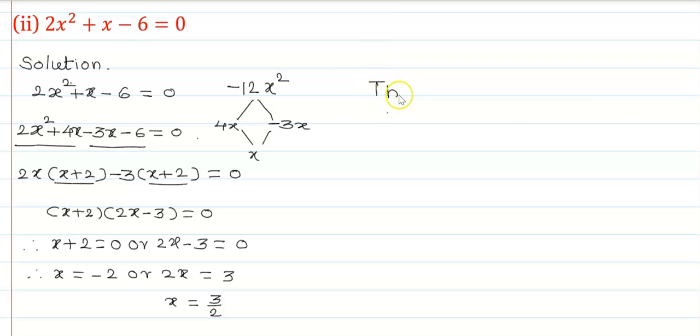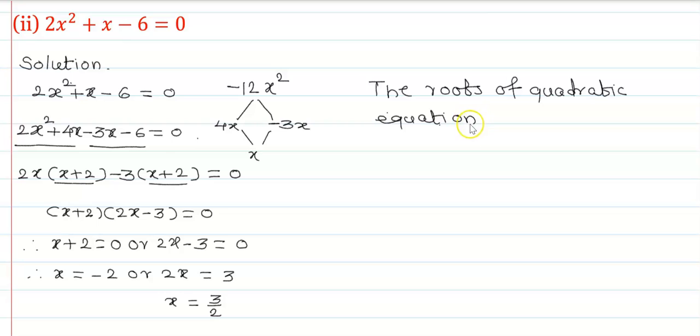The roots of the quadratic equation 2x square plus x minus 6 is equal to 0 are minus 2 and 3 by 2.